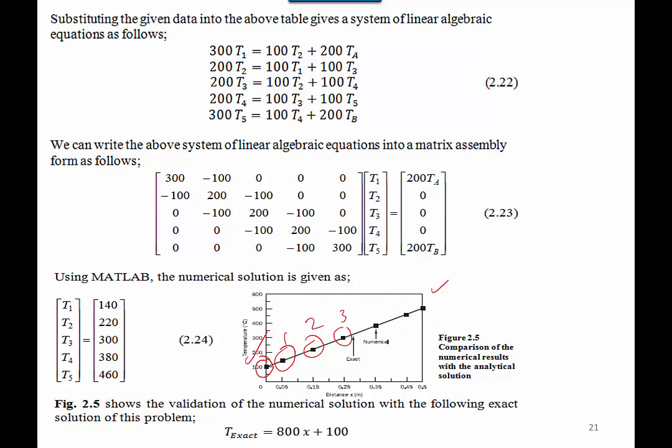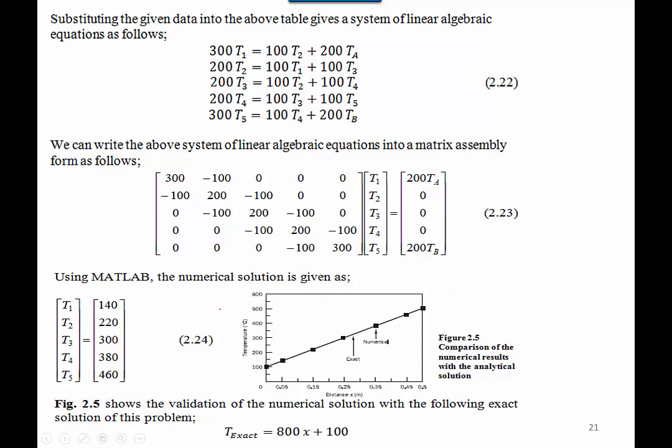Therefore we have 5 numerical solution values with 2 boundary conditions. If we connect these black rectangles, they represent the numerical solution, and the terminals, this one and this one, as we said, are the boundary conditions.